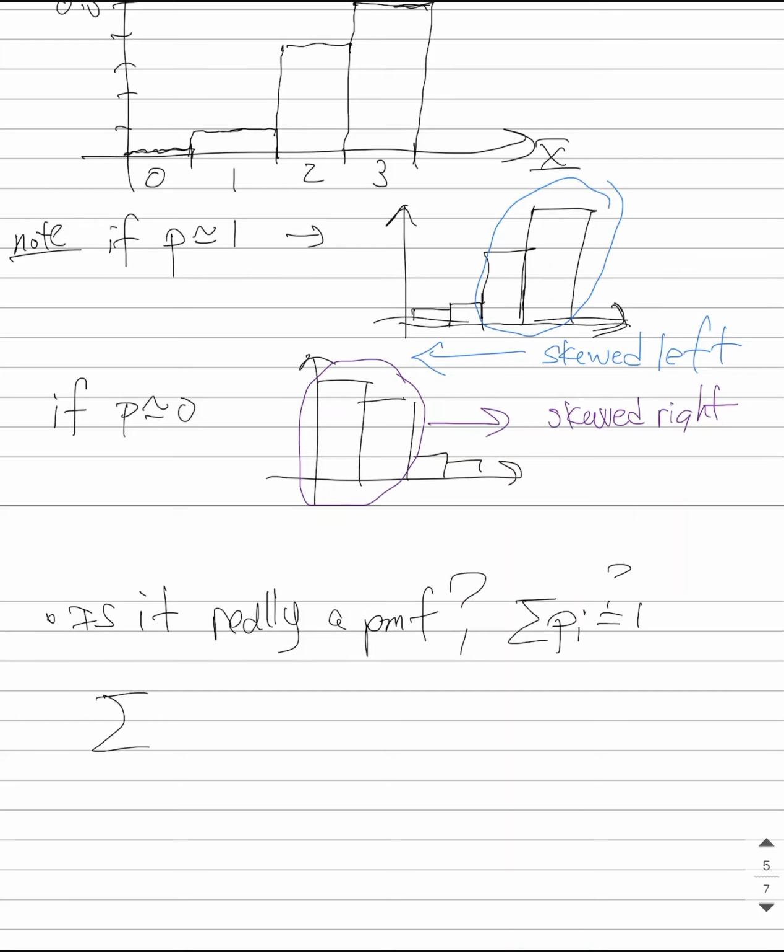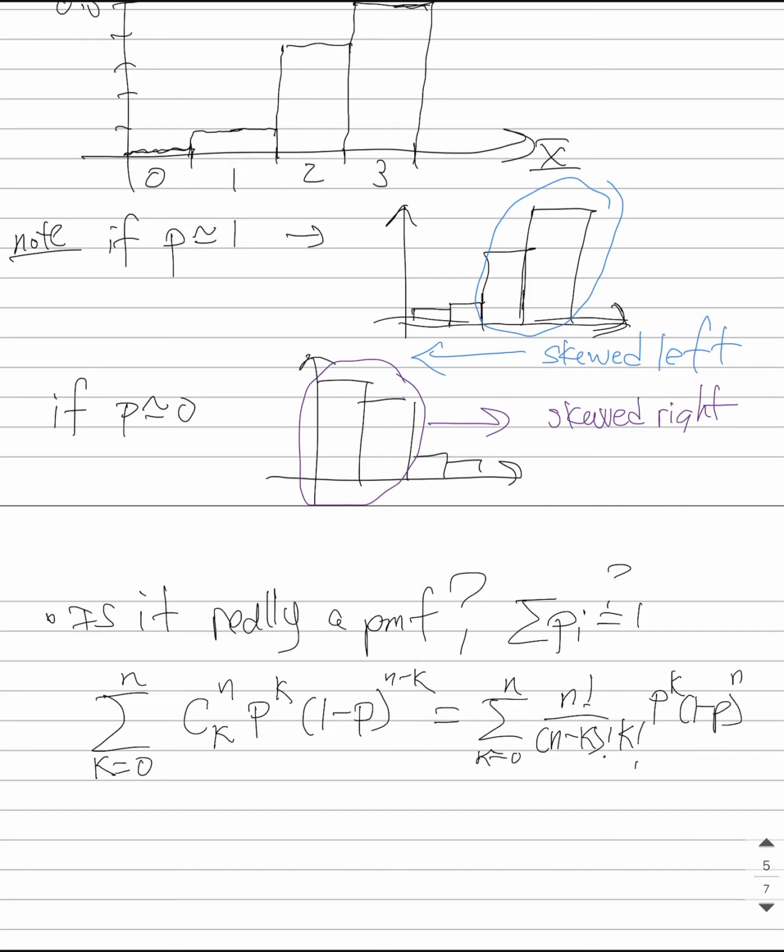And so when we are talking about this binomial probability mass function, it turns out we have an expression kind of like this. And some of you may have seen this before, and some of you may not have, and that's fine. But this is technically something called the binomial theorem.